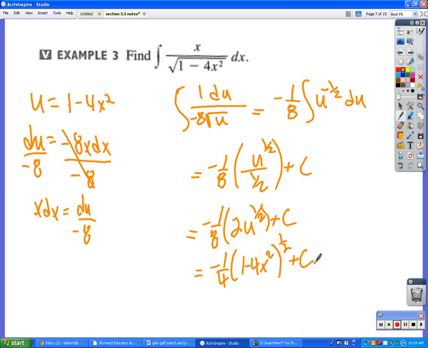Simplify my fraction, put u back in there. Negative 1/8 times 2 is negative 1/4. So you could do negative 1/4 square root of 1 minus 4x squared plus c.